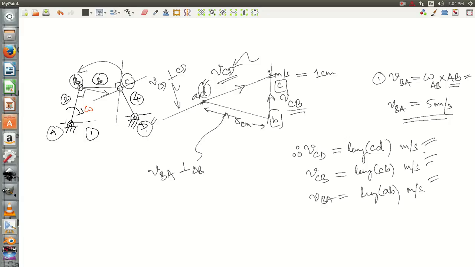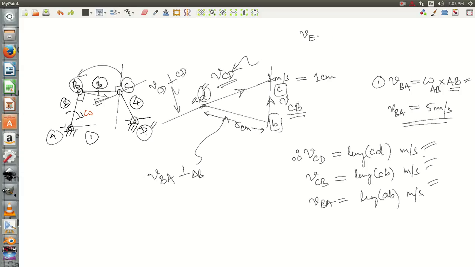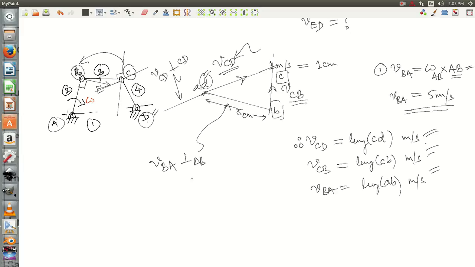Let us assume that there is one intermediate point E on the link BC, and we have to calculate the velocity of E with respect to C, or the velocity of E with respect to D. To do that, we have seen in the last lecture that the relation BE upon BC is equal to be upon bc, where B, E and C are points on the same link.